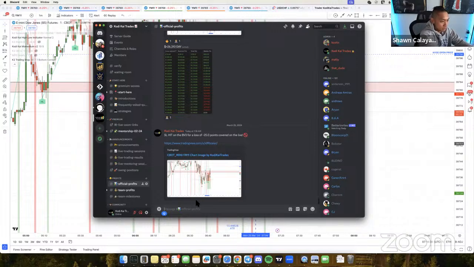I don't know if you guys have been having issues with your copier lately. I've been having a couple issues, not super bad. This morning, my NinjaTrader for some reason lost all connection, and then it came back up, and I think that's what happened with my copier, and it shut it off.